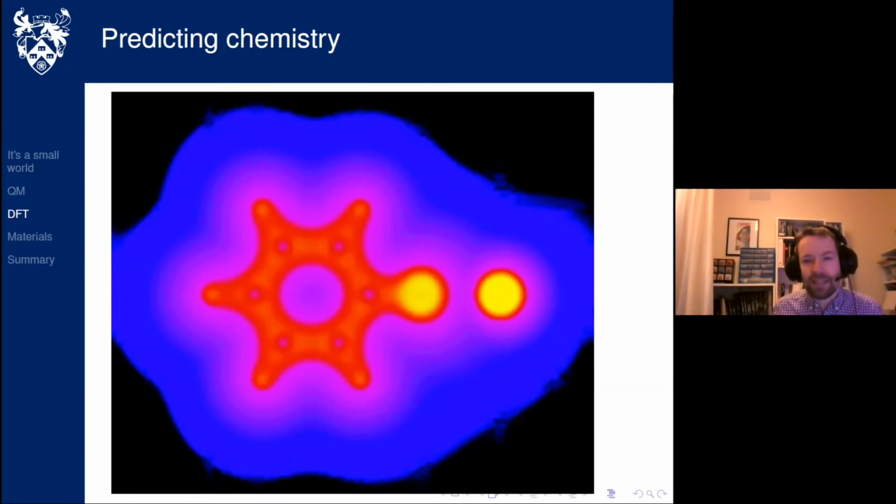What I particularly like to point out is you can see the hexagon, you can see these lobes of electrons going out to the hydrogens, you can see bright blobs of charge with the oxygen and the sodium, which both have a lot of electrons. And all of the chemistry, all of the bonding that, for example, at school you're taught, has emerged just from the quantum mechanics.